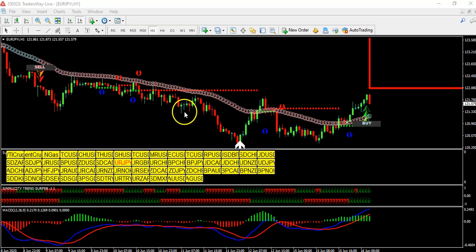Each pair is different and time frames are different, so it's just an average. Sometimes it's perfectly lined up, sometimes it's not. But keep that in mind as well. You can use this as a measure like we do with the 50, but it's not always the same, so you want to be aware of that also.